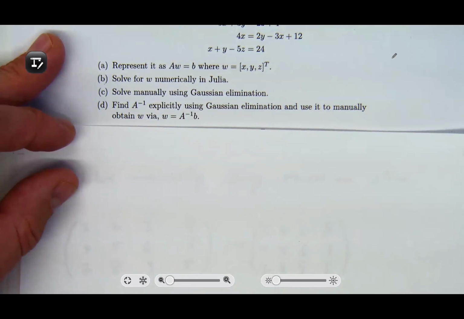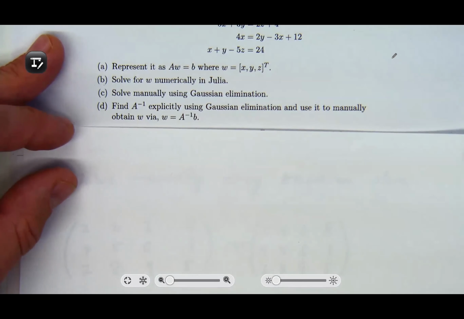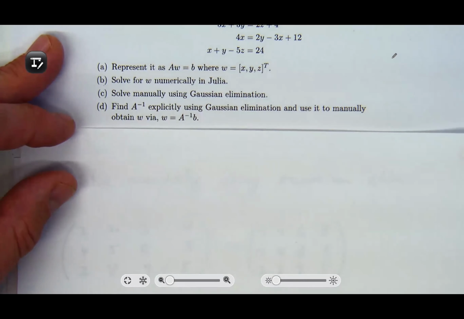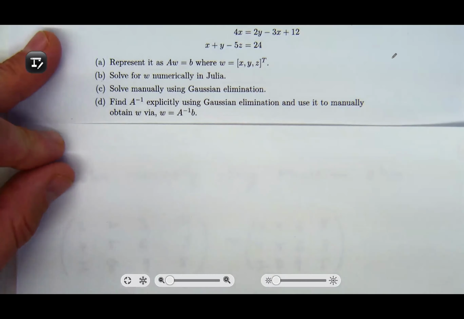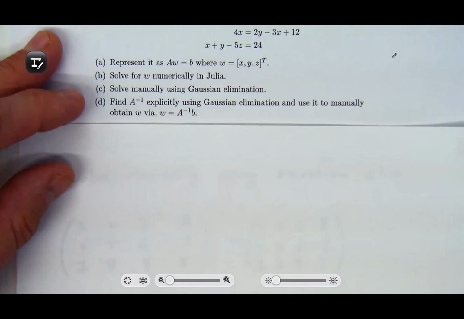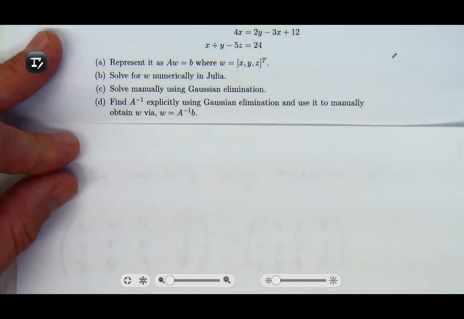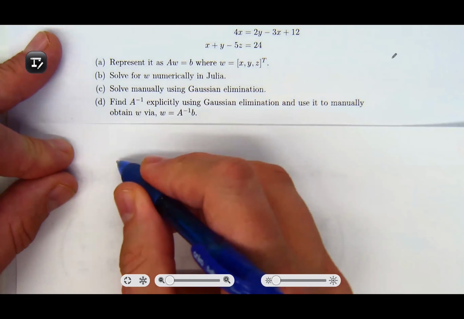Now, how do you do this? Find A inverse explicitly using Gaussian elimination. So I'll just describe the process. I'll tell you that you can do the other part at the same time. So you could do both C and D at the same time. Now let's just talk about doing D.